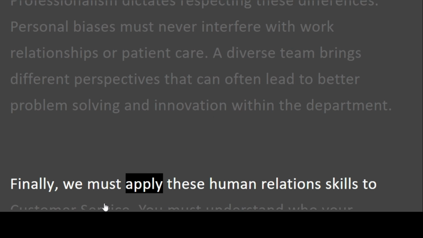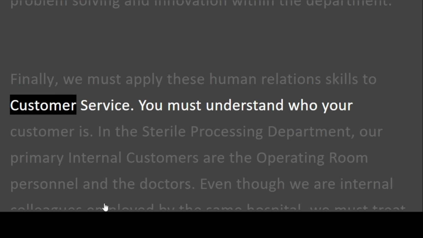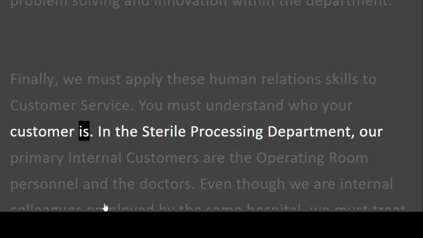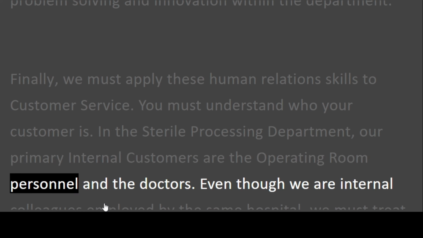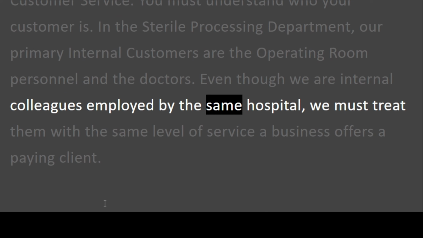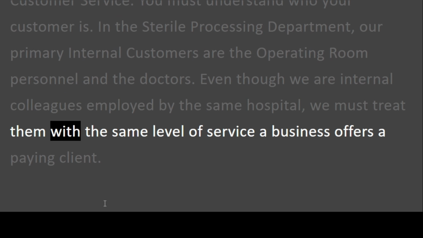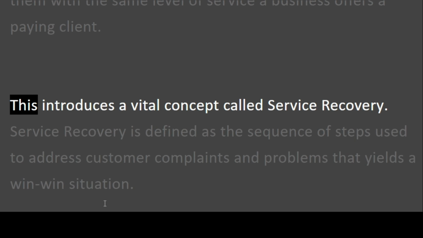Finally, we must apply these human relations skills to customer service. You must understand who your customer is. In the sterile processing department, our primary internal customers are the operating room personnel and the doctors. Even though we are internal colleagues employed by the same hospital, we must treat them with the same level of service a business offers a paying client. This introduces a vital concept called service recovery.